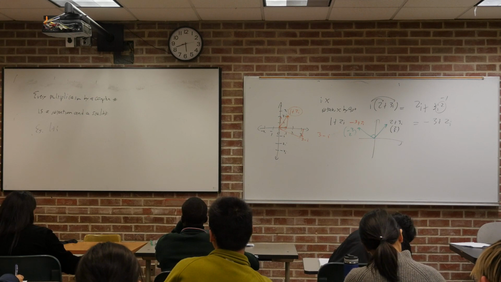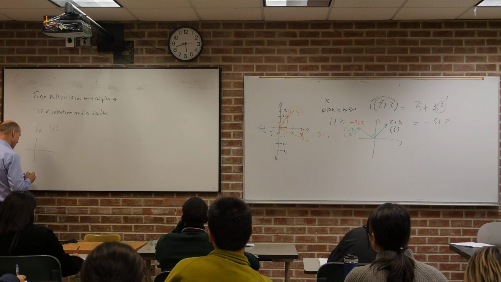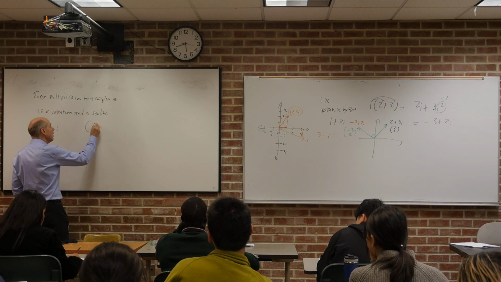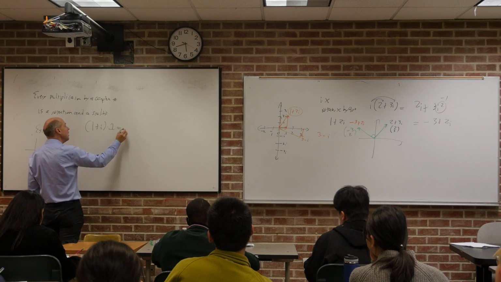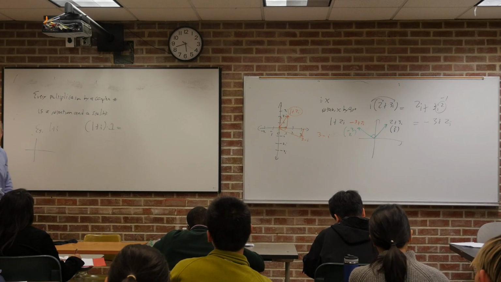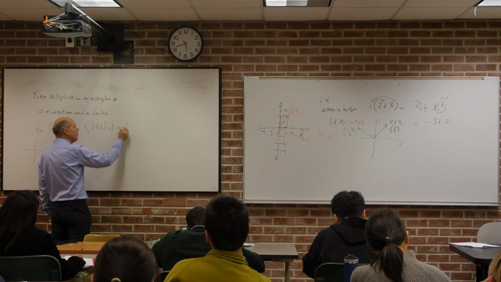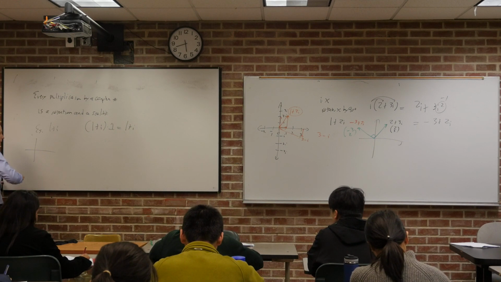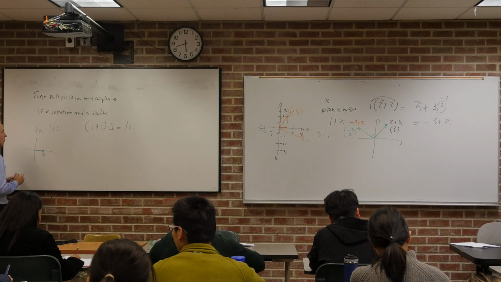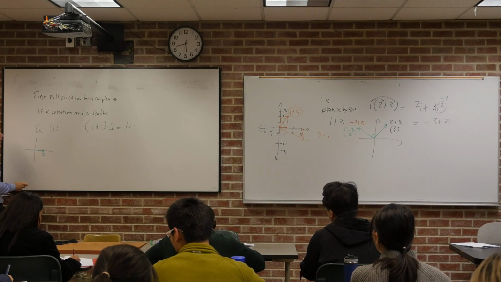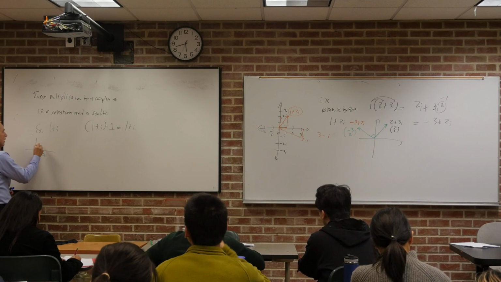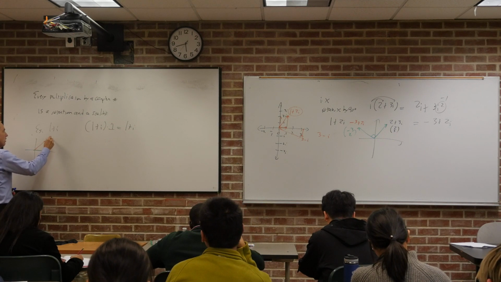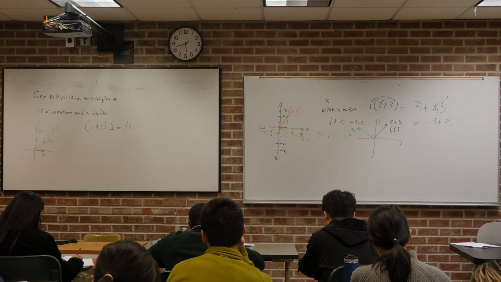So, let's look at 1 plus i. 1 plus i times 1, any number times 1 is itself. So what happens is I'll think about 1 as a vector, and then multiplying by 1 plus i brings me out here to 1 plus i, over 1, up 1.